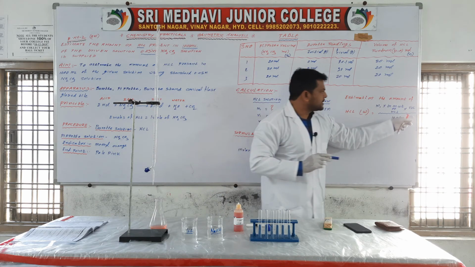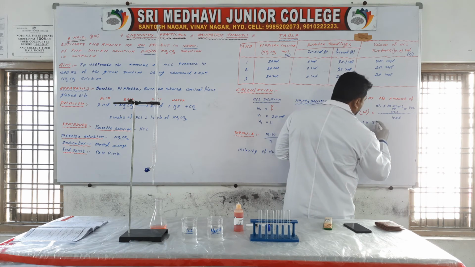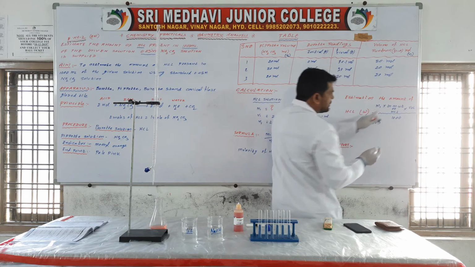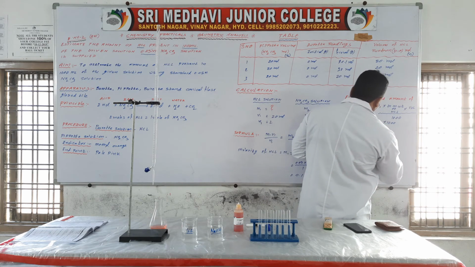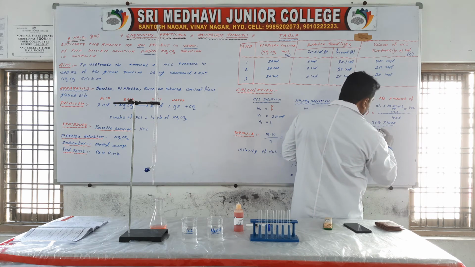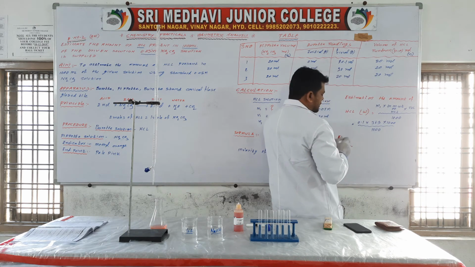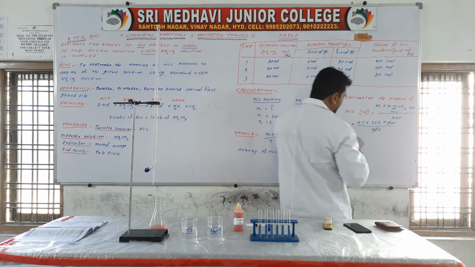You have to take 1000 ml here. Then it is 0.1 into 36.5, the gram molecular weight of HCl, into 1000 by 1000. The 1000s cancel with each other.